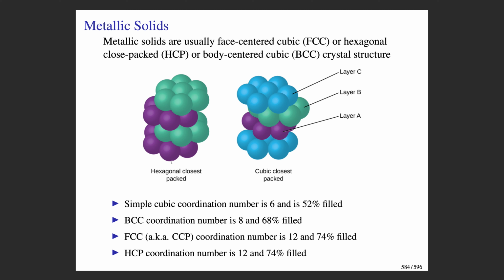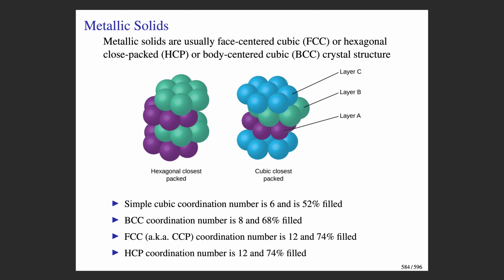And so those usually form this face-centered cubic structure, or a hexagonal, which is a different crystal close-packed structure. And so here's just some pictures showing you the hexagonal close-packed structure and the cubic close-packed structure, which is the synonym for the FCC.